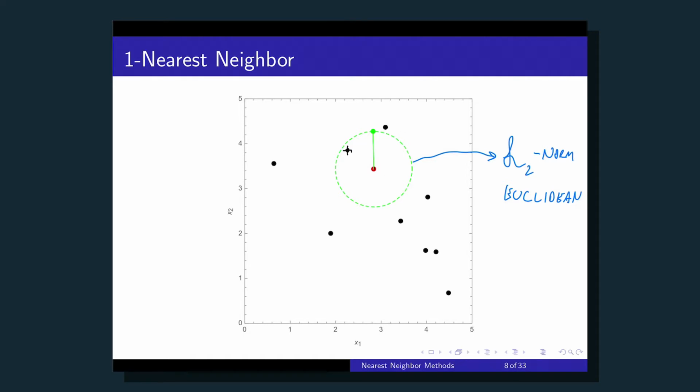So normally if you were using the L2 norm, this would be the closest point. But let's for now assume that I'm using not the L2 norm, but the L1 norm. Remember, this is Manhattan distance. So when I have two points, the distance between them, for these two points, let's make them black.